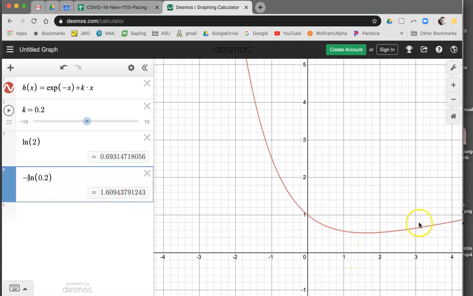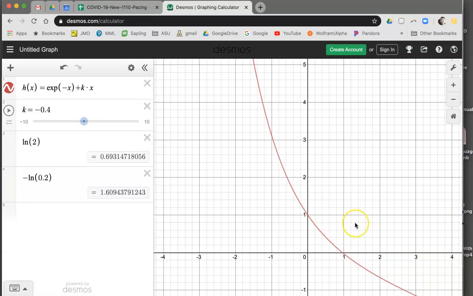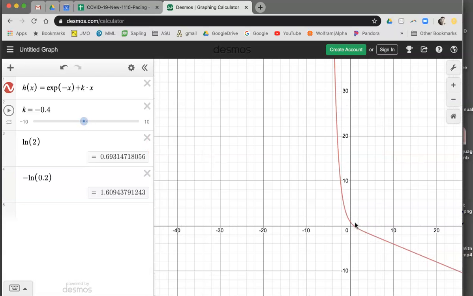That's where this minimum occurs. But as soon as k gets to be a negative number, our formula said that we didn't get any critical values because the logarithm of a negative number is not defined. So this function just keeps decreasing and never turns and has a local minimum.